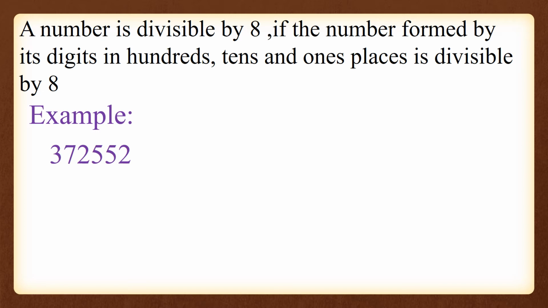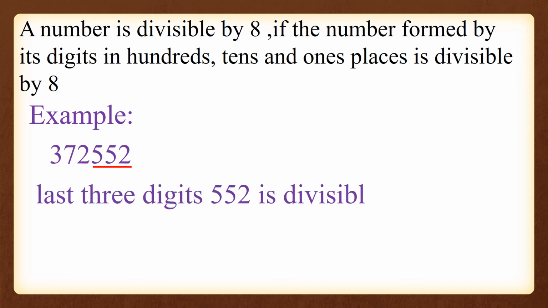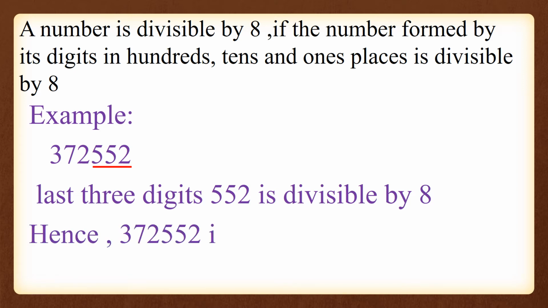So we are going to check whether this number is divisible by 8. So for that we have to check the last 3 digits, ones place, tens place and hundreds place. So 552. So last 3 digits 552 is divisible by 8. Hence 3,72,552 is divisible by 8.